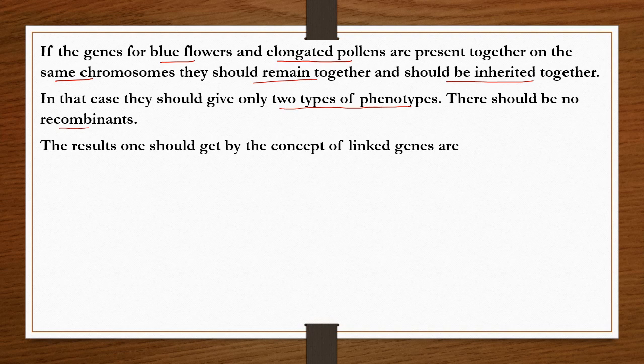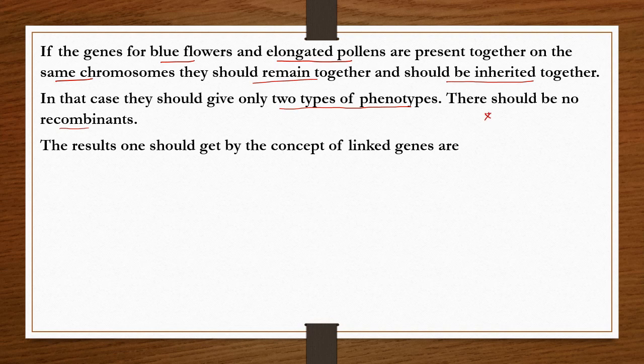Blue flowers and elongated pollens are present together on the same chromosome. They remain together and are inherited together. Then only two types of phenotypes are produced. There are no recombinants. So what are the recombinants we observe in a dihybrid cross? There are two types of recombinants we can observe.